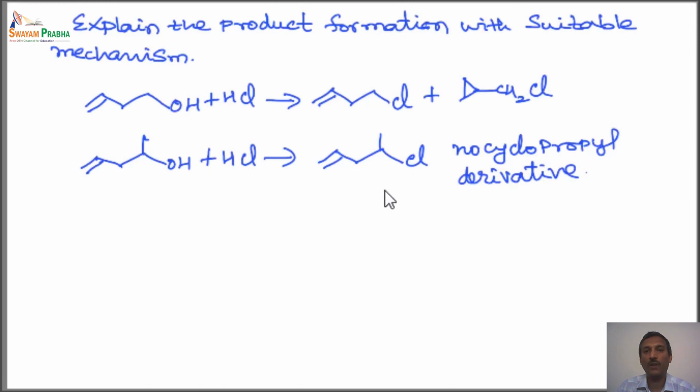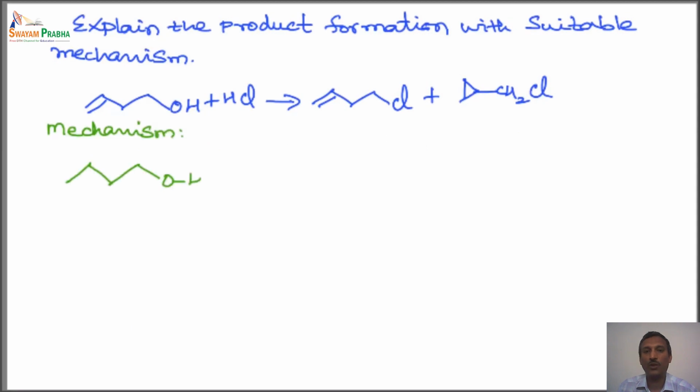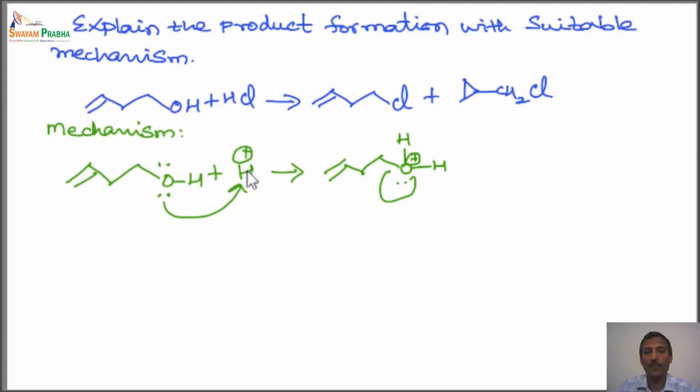A hint for solving this problem is based on neighboring group participation. So let us look at the mechanism for this particular reaction. In the first step, HCl dissociates as H plus and Cl minus ions, so protons are present in this medium.